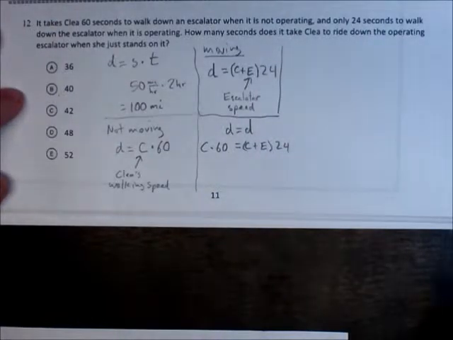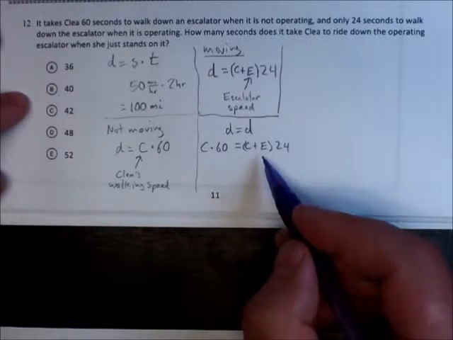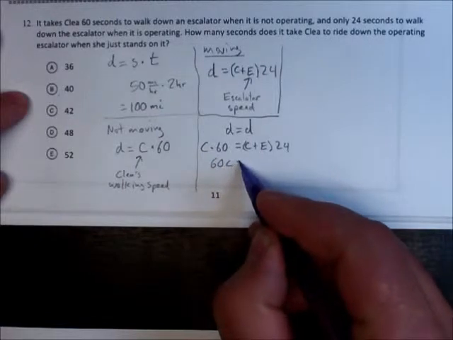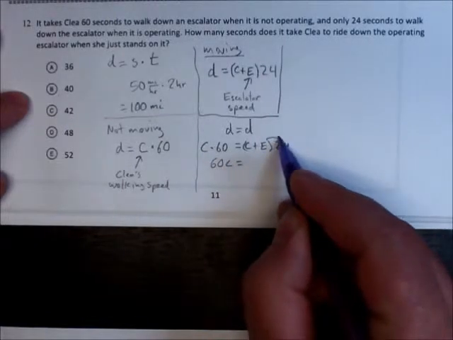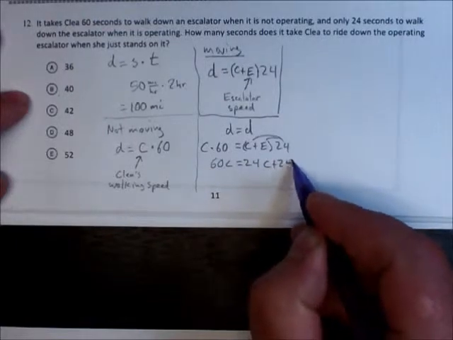And I'm just going to solve for E in terms of C. So let's call this 60C equals, this is going to distribute, 24C plus 24E.